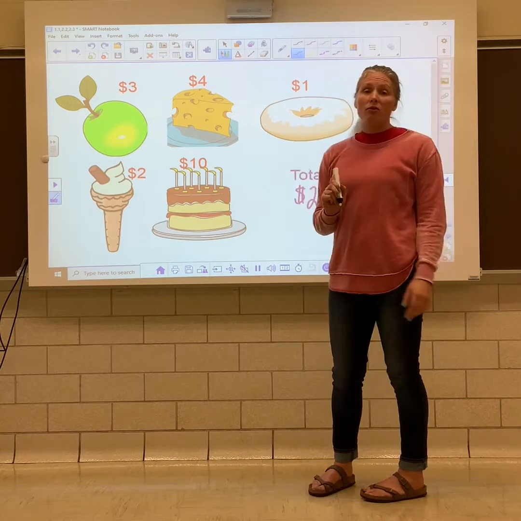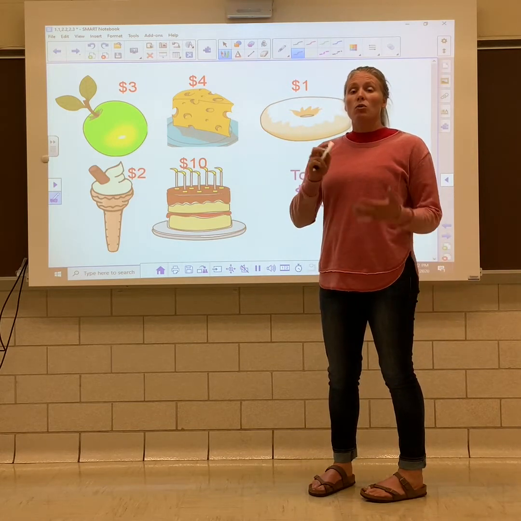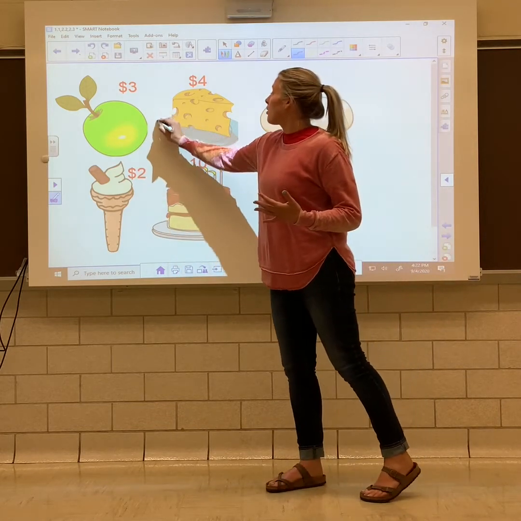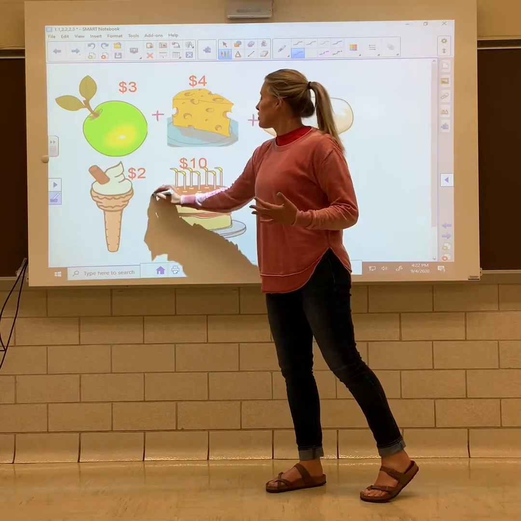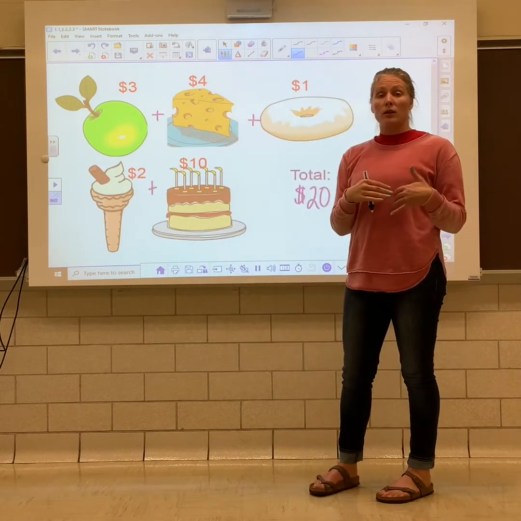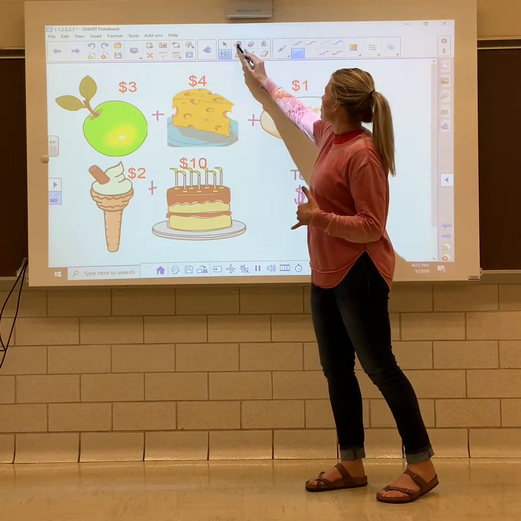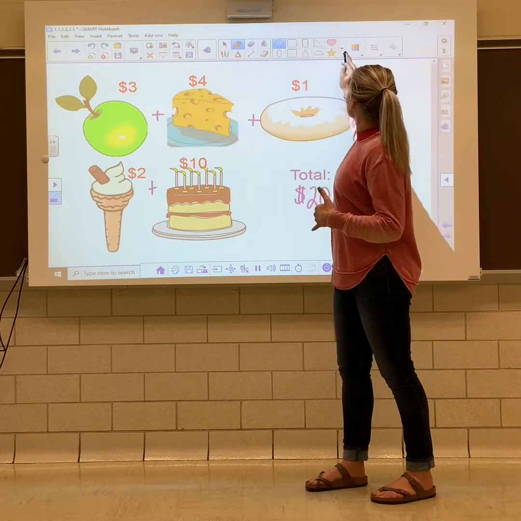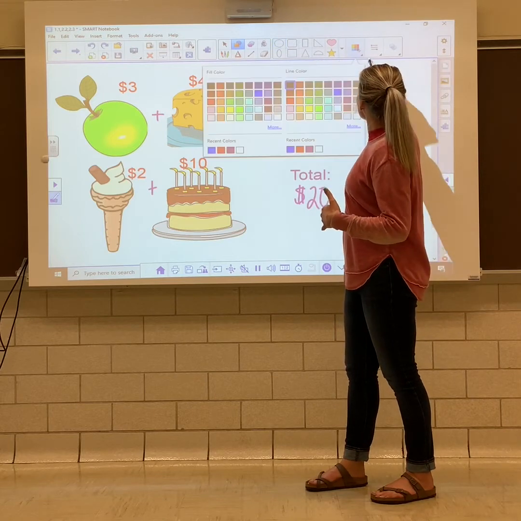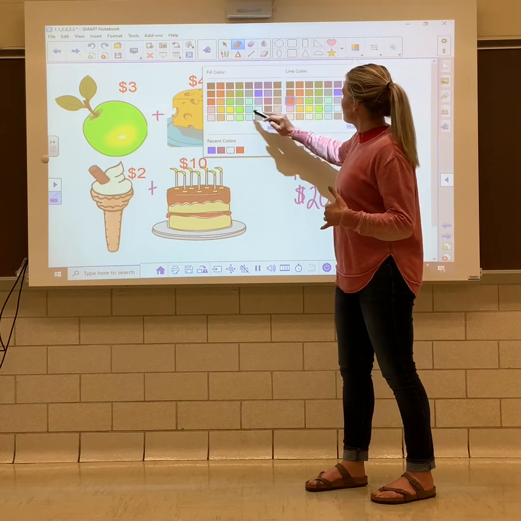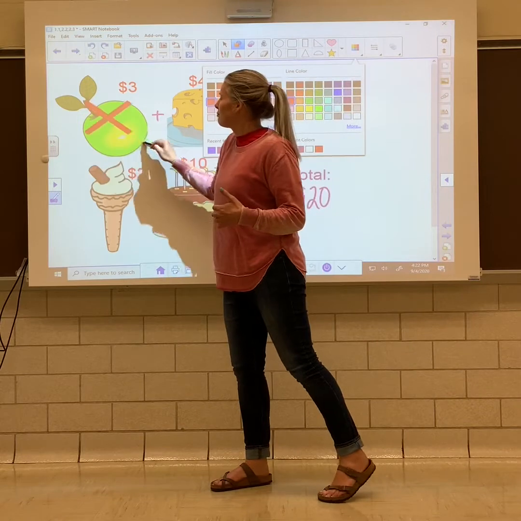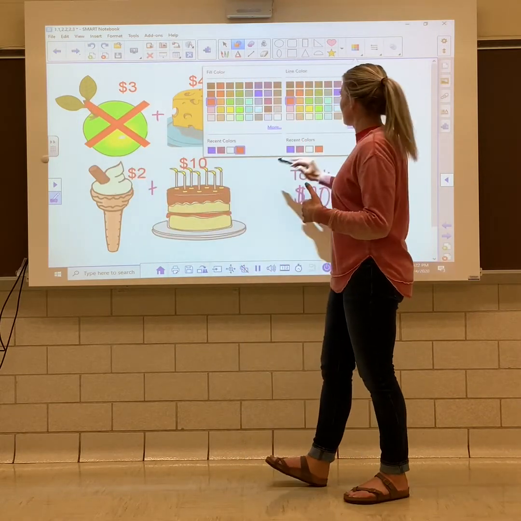All right, but you don't have $20. So we need to undo all of this addition that just took place. We need our bill to be lowered. So it's obvious the ones that we're going to throw out: we're going to get rid of the apple and the cheese.